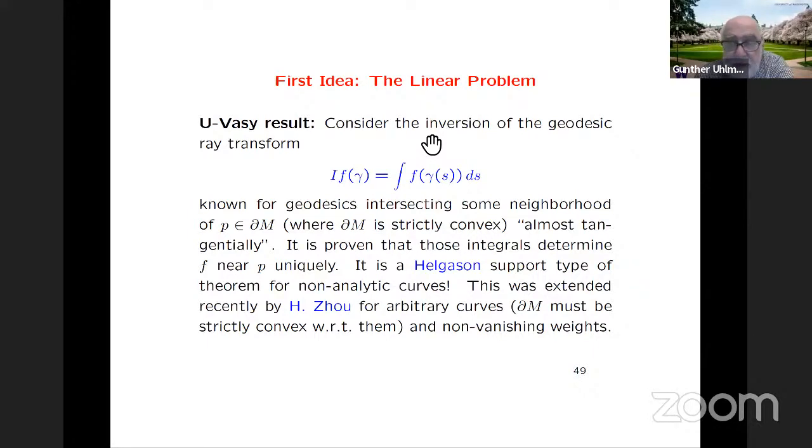So this is a very interesting question, whether in 2 dimensions this transform is locally injective, in the sense that there is a Helgason support theorem for this, where you consider geodesics only joining points, and it's clearly not like here, where in dimension 3 or higher we have more freedom to choose our geodesics, and in dimension 2 you don't have much freedom.